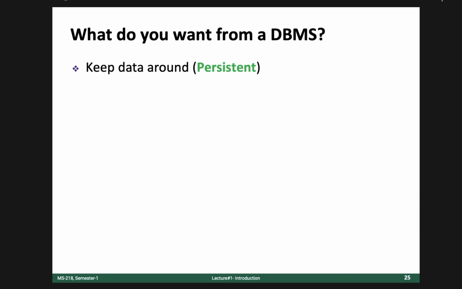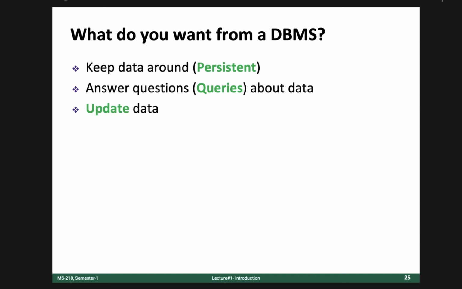What do you want from a DBMS? The number one expectation from a DBMS is persistence, obviously. Keep data around. If you are storing some data, you don't want to lose that data, right? Then answer questions about data, that is, query your data.